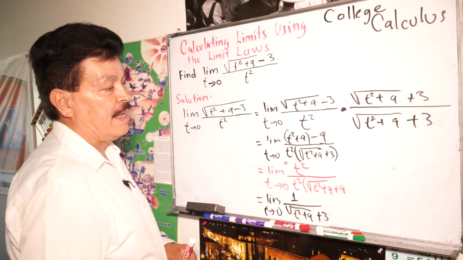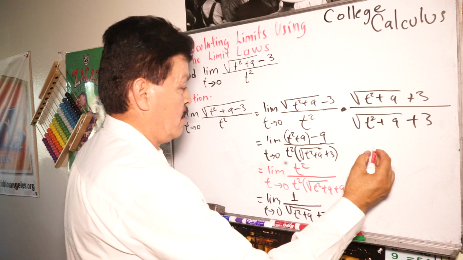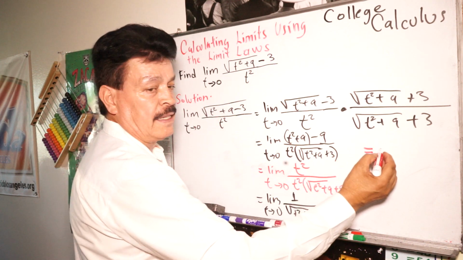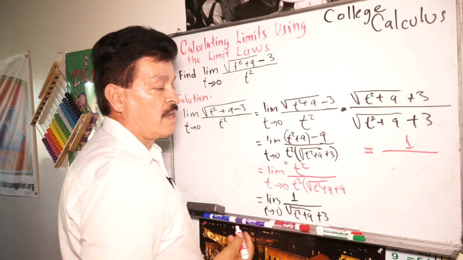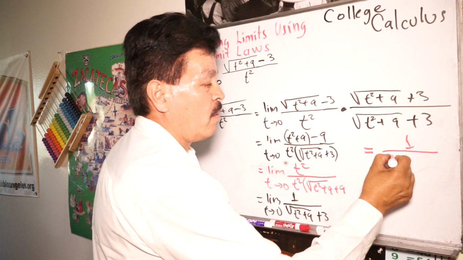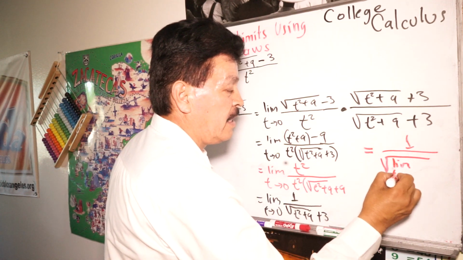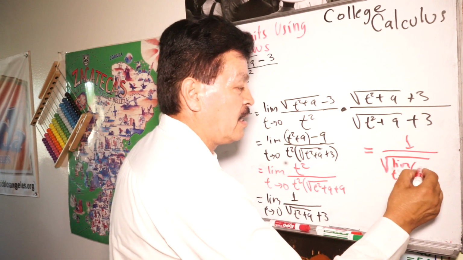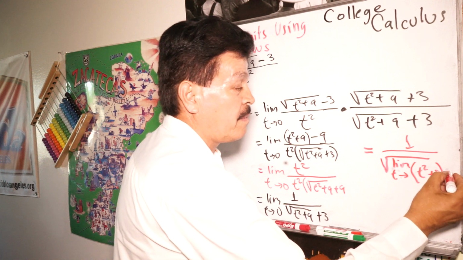So the next step will equal 1 divided by the square root of, with the limit when t approaches 0, everything together, t squared plus 9, plus 3.